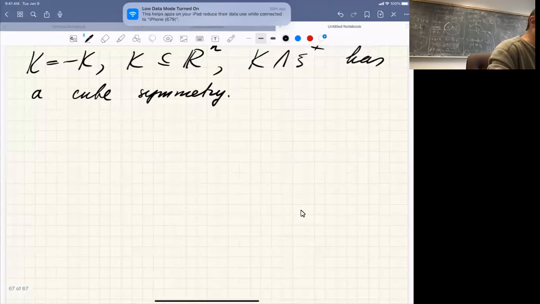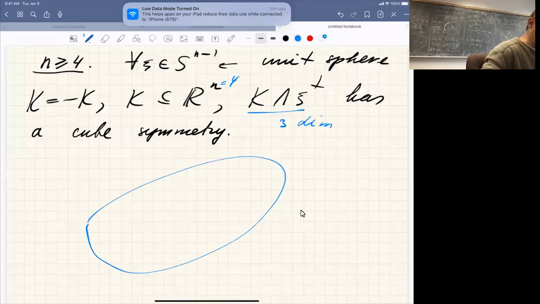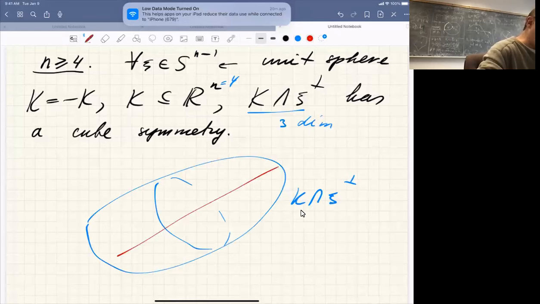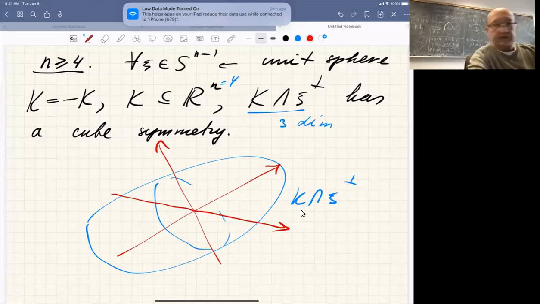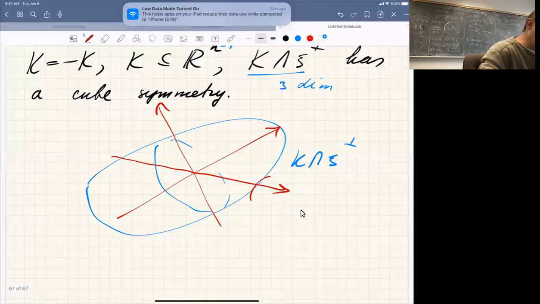It means, again, if this is R4, and this is three-dimensional, so assume that this is your section, K intersection xi perp, which is three-dimensional. What you claim is that there are three axes. Somehow you don't see how they're directed. They're pairwise orthogonal, and there is a rotation by pi over 2 about each axis.